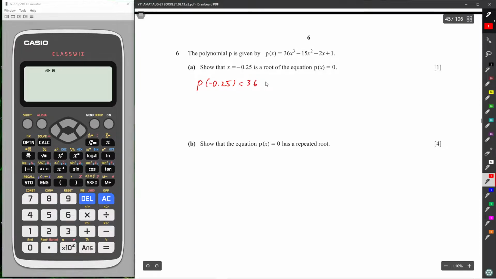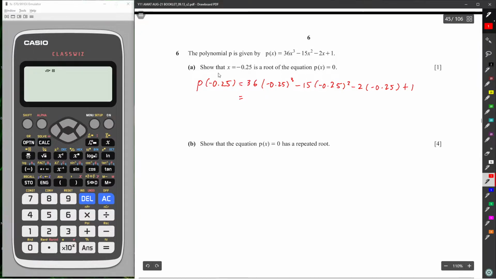That would be 36 times negative 0.25 cubed minus 15 times negative 0.25 squared minus 2 times negative 0.25 plus 1. So now let's use our calculator to help us on this question.